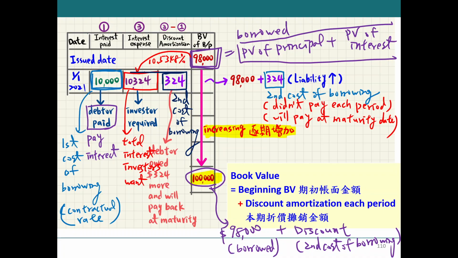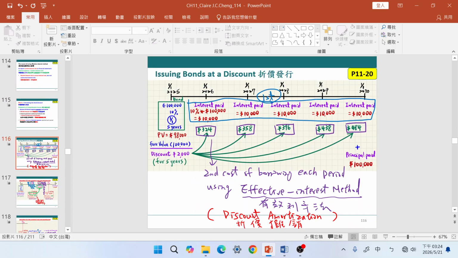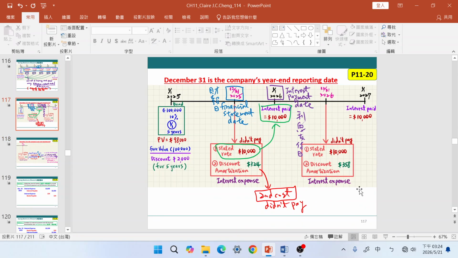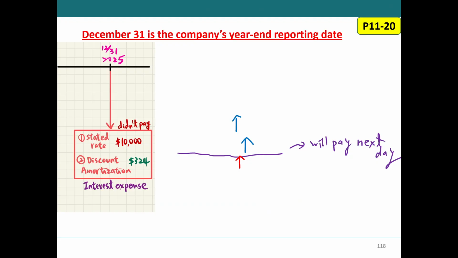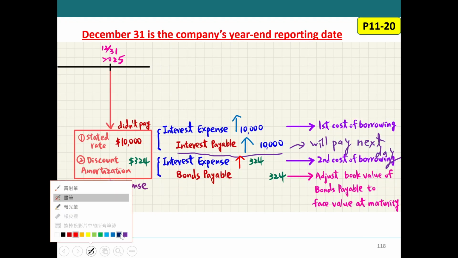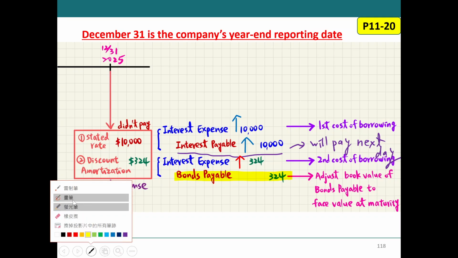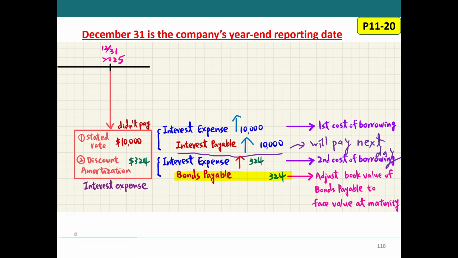So your bonds payable, your liability increasing because of your second cost of borrowing, right? So we have to use the same account to increase your liabilities. So that's why credit, bonds payable. Because your second cost of borrowing, you didn't pay.